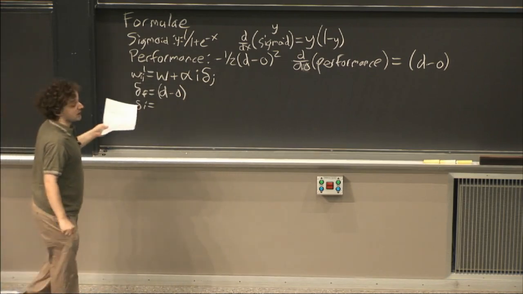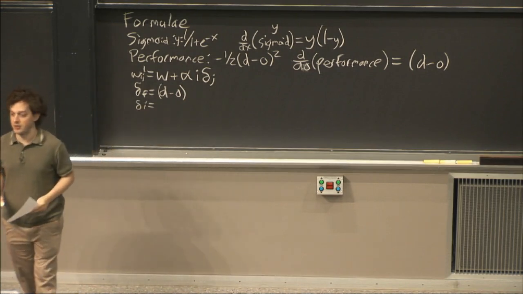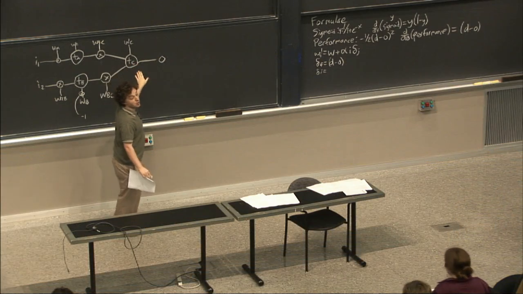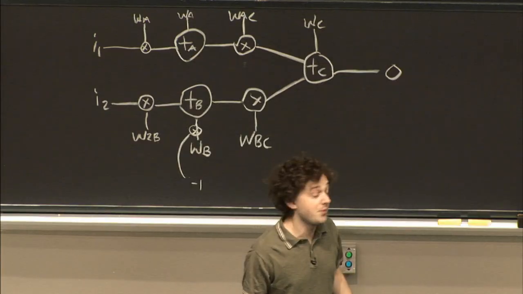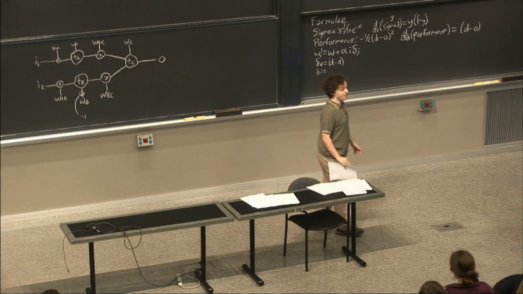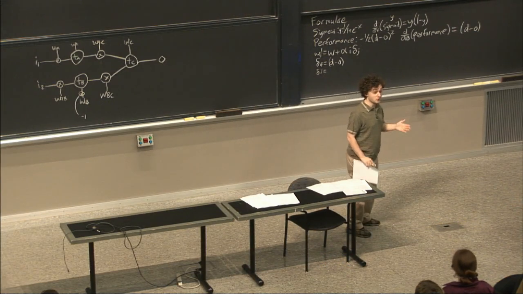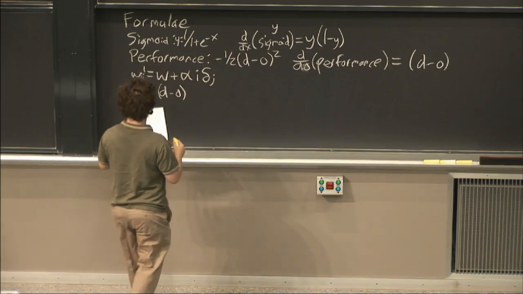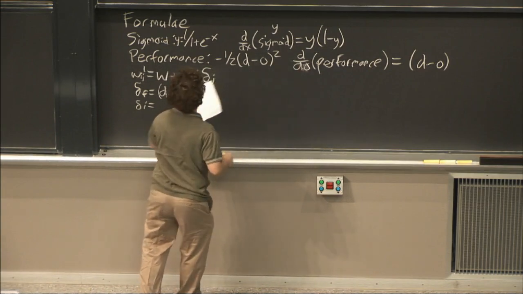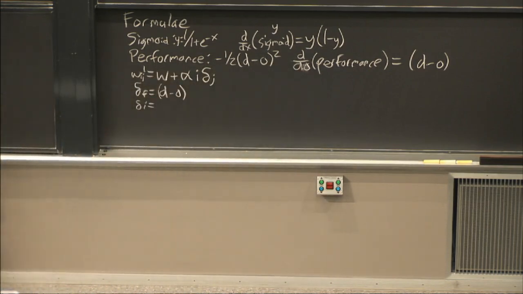D minus O, but we're not done yet because when we do derivatives, remember the chain rule. To get from the end to these weights, we pass through, well, it should be a sigmoid. Here it's not. We're going to pretend it is for the moment. We pass through a sigmoid. And since we pass through the sigmoid, we better take the derivative of the sigmoid function. That is y times 1 minus y. Well, what is y? What is the output of this sigmoid?